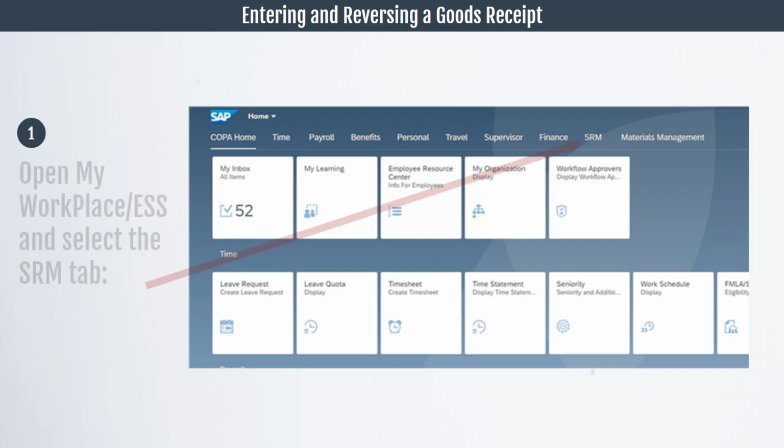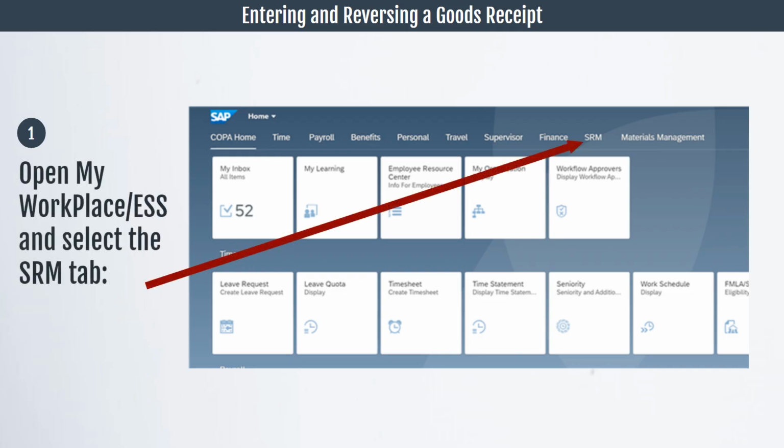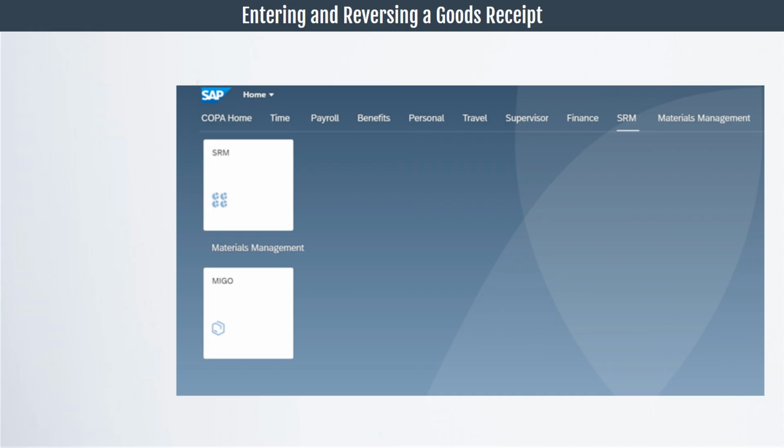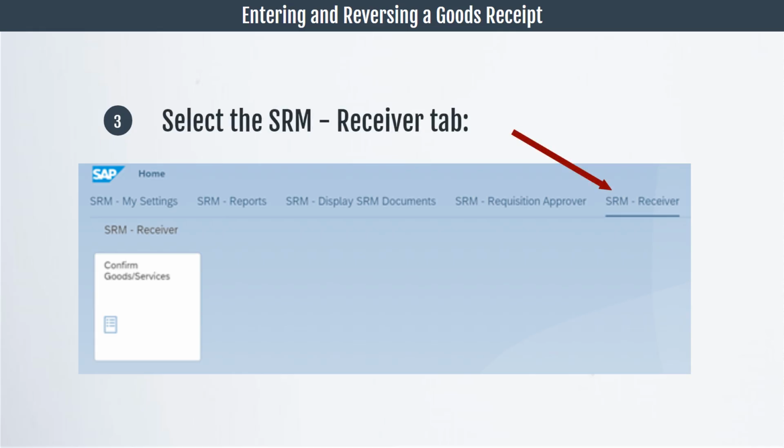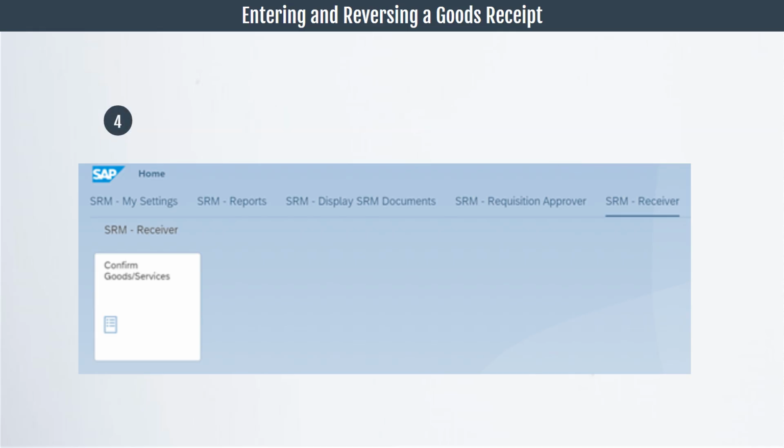Step 1. Open My Workplace, ESS, and select the SRM tab. Step 2. Select the SRM tile. Step 3. Select the SRM Receiver tab. Step 4.